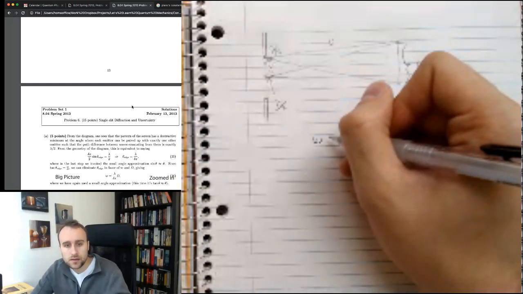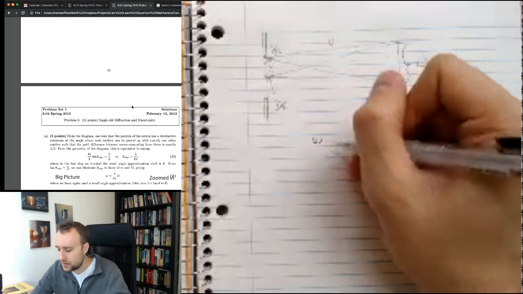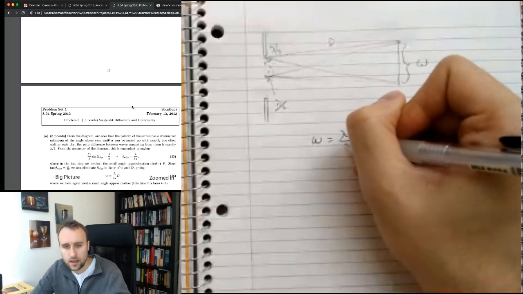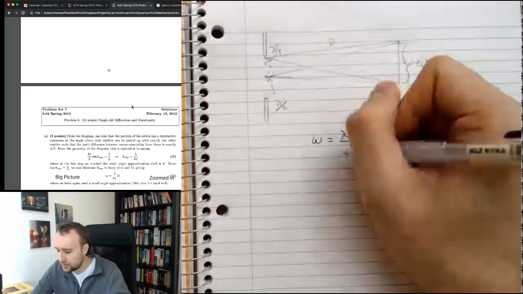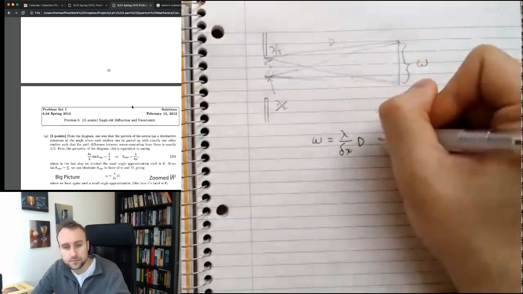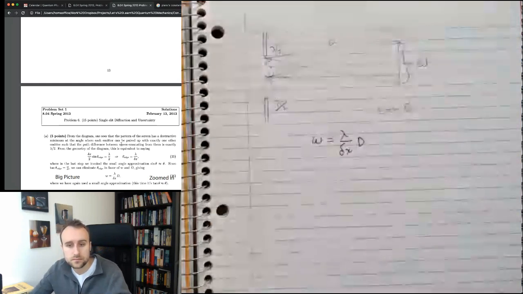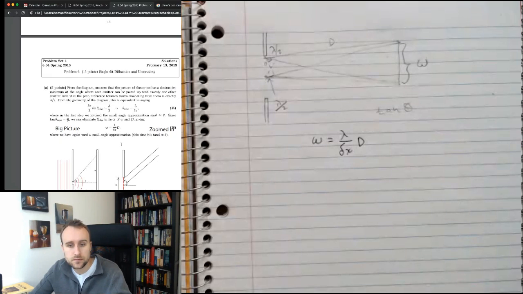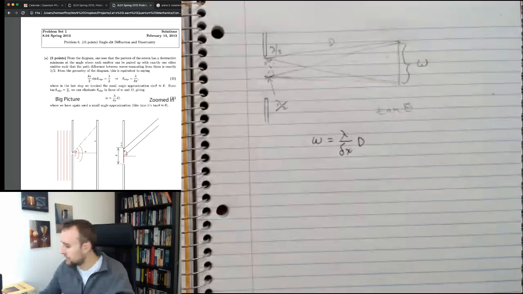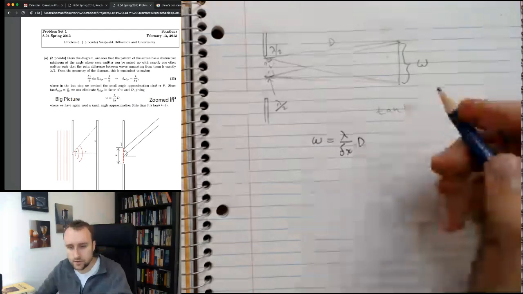So we have this omega is equal to lambda. Is it omega? I think that's just W. Width over d. Oh, okay. So this is how we're getting at it. I didn't draw it as well as I should have.